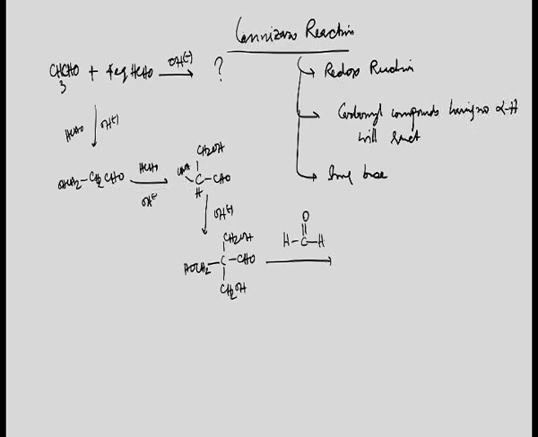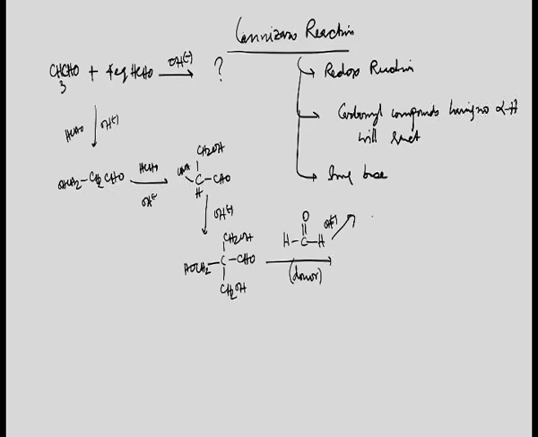And since formaldehyde is a small aldehyde and it does not have steric repulsion, it mainly acts as a hydride donor. So, hydride delivery will take place. Sodium hydroxide will react with this. Then you get this.